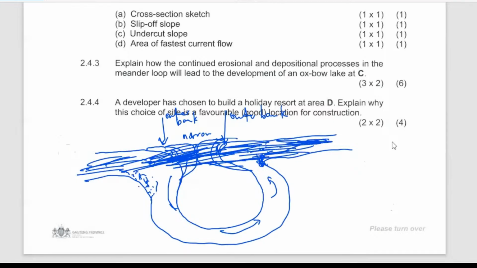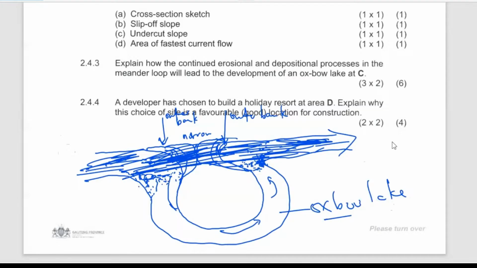The river is no longer meandering, but now is following this straighter course going in that direction. And there will be deposition happening around this area that is going to cut off this part, which was a meander, is going to be cut off by deposition, which will happen on either side of the loop here. And this will now develop as an oxbow lake. That is basically what you must explain there.